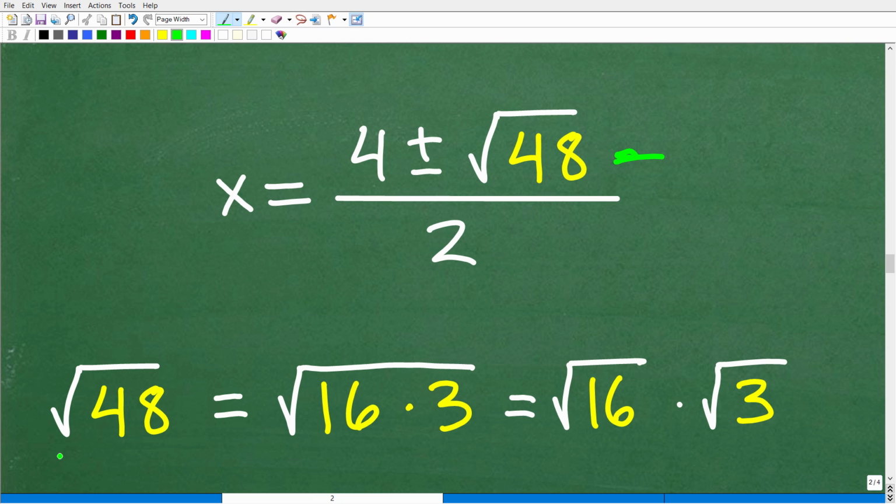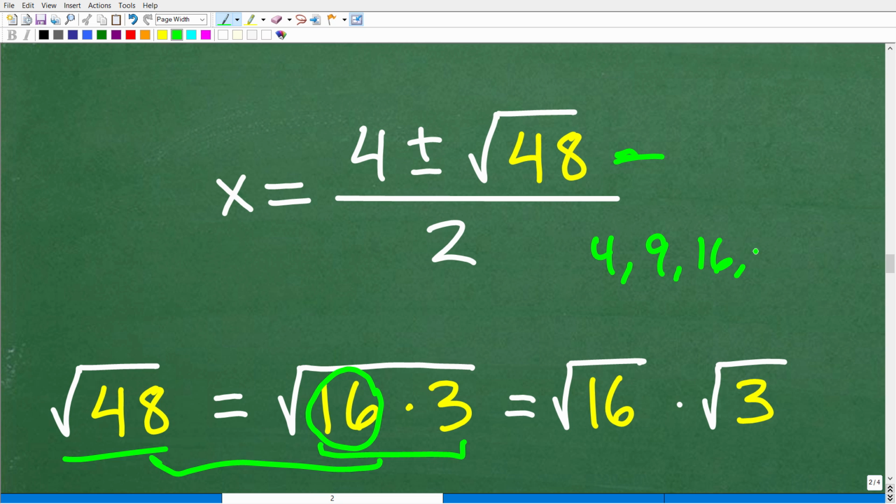But effectively, what we can do here is, the square root of 48 is the same thing as the square root of 16 times 3, because 16 times 3 is 48. 16 is a perfect square factor. Perfect squares are numbers like 4, 9, 16, 25, etc. Because when I take the square root of these numbers, you get a lovely integer value.